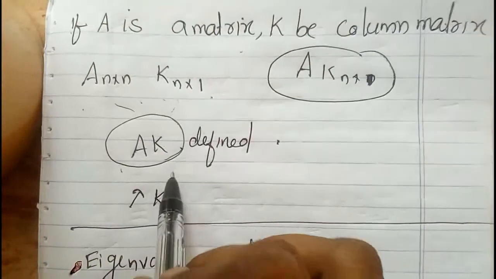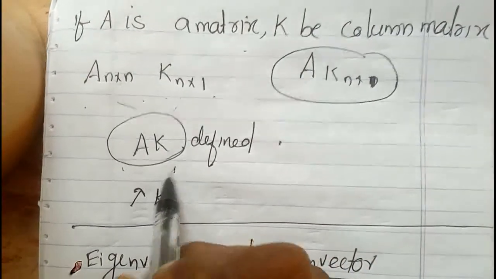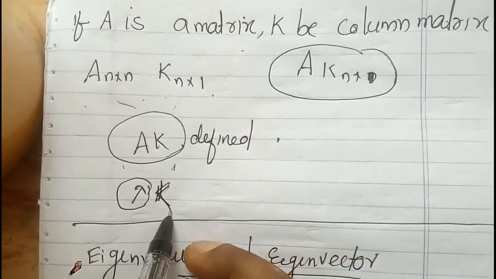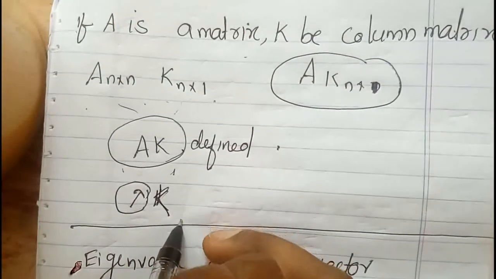AK is a matrix multiplication. Similarly, lambda is a scalar and K is a matrix, so lambda K is also possible.